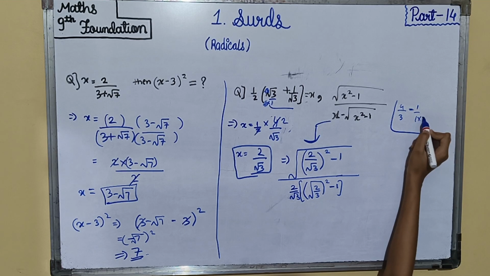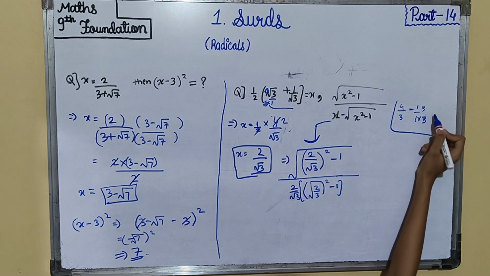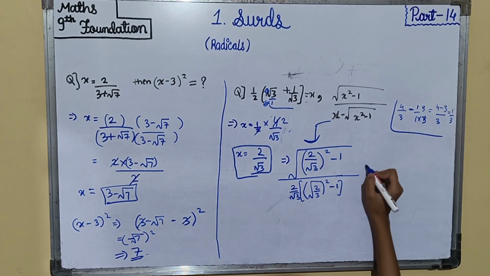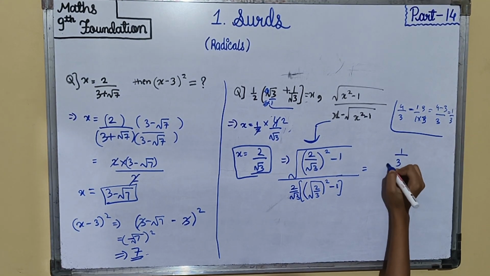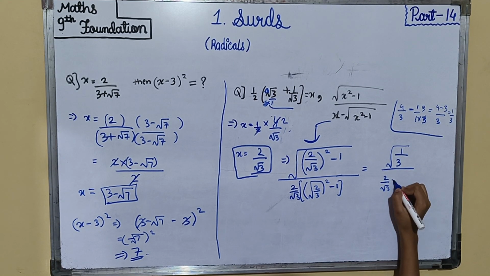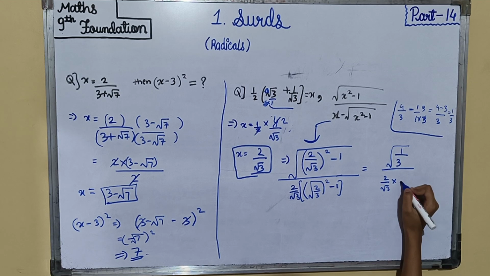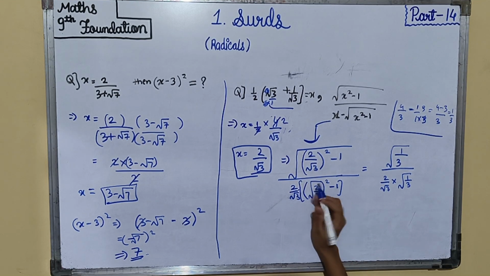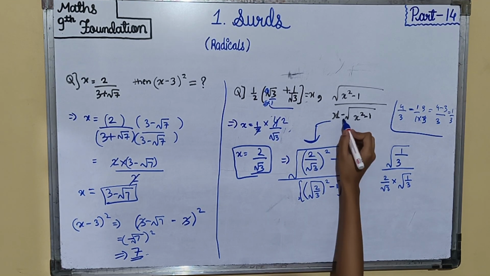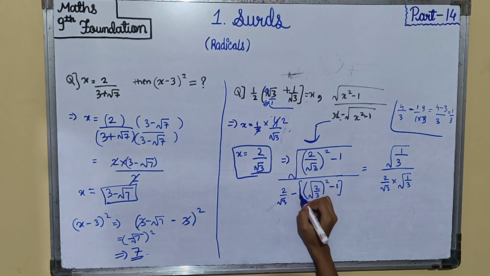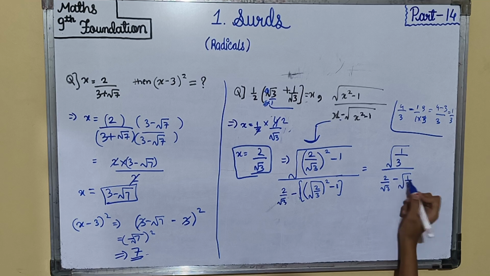We'll take LCM, 1 into 3 over 3. We'll get 4 minus 3 upon 3, that is 1 upon 3. So the value of this will be root of 1 upon 3, upon 2 by root 3 minus root 1 by 3. Sorry, there is a minus sign in between, so over here minus will be put.